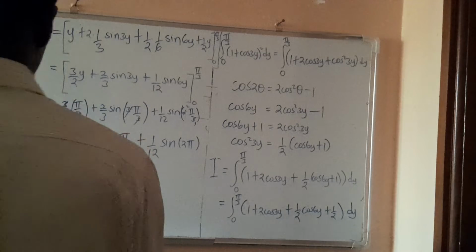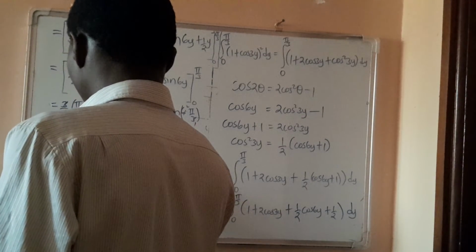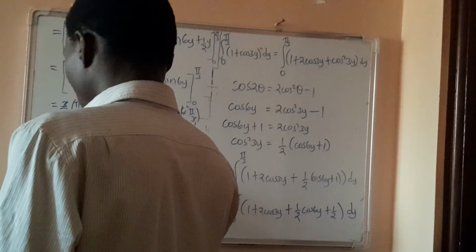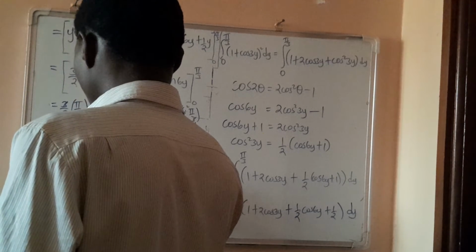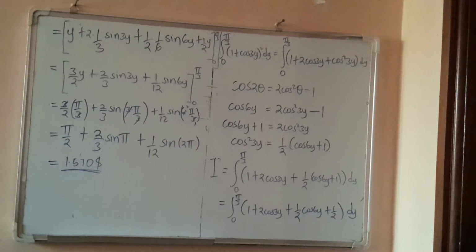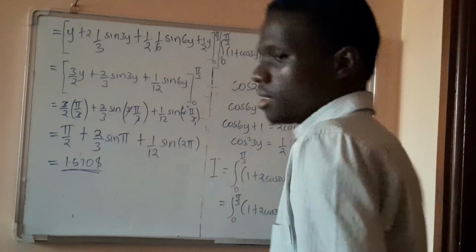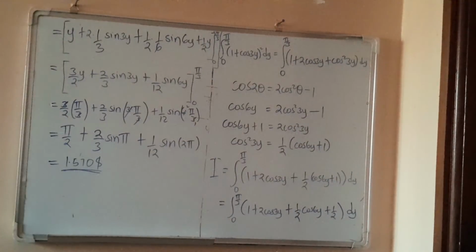So we have 1.5708 to four decimal places. Actually, you realize that the answer is pi over 2. Why pi over 2? Because sine 180 is 0, sine 360 is 0, sine pi is 0, sine 2 pi is also 0. Now we can proceed with question 7.